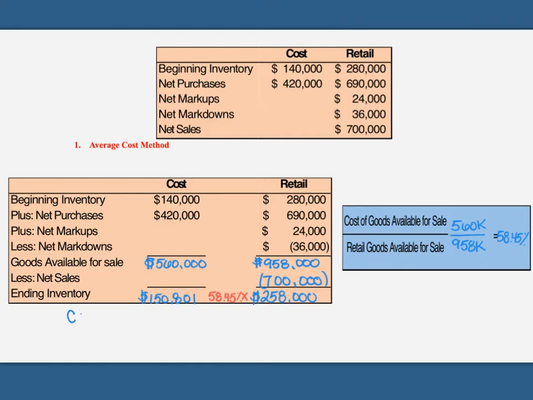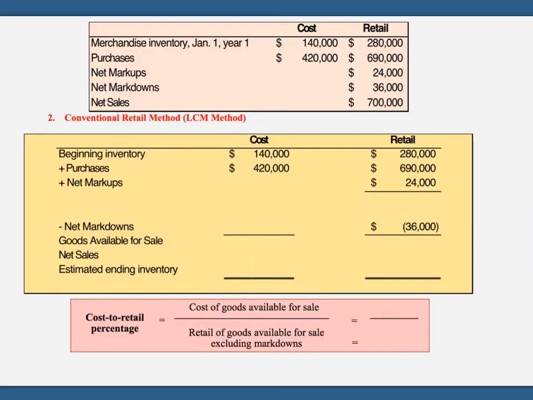So cost of goods sold equals our goods available for sale, 560,000. Subtract our ending inventory, 150,801. And that's going to give us cost of goods sold to be $409,199 under the average cost method.